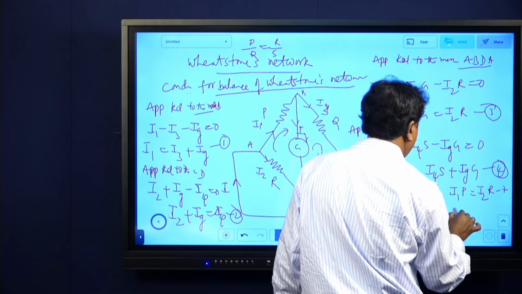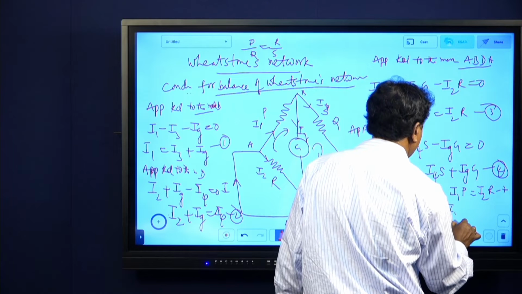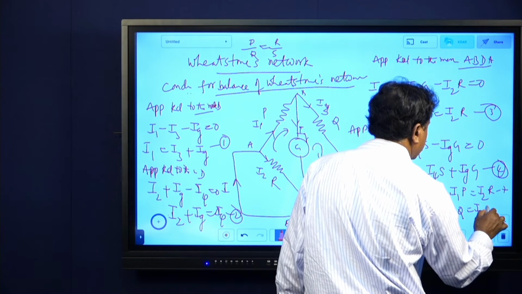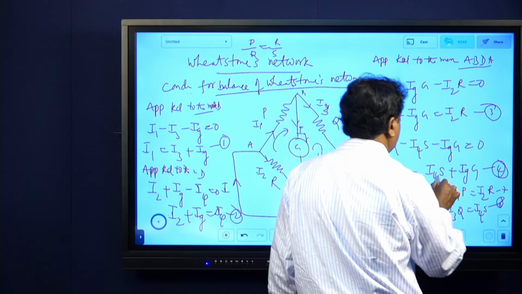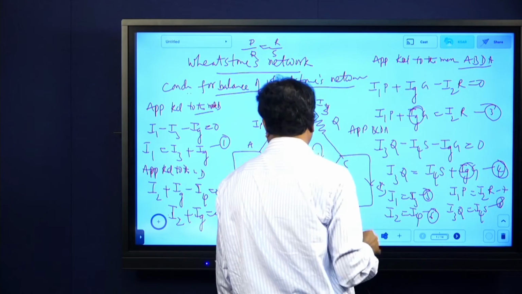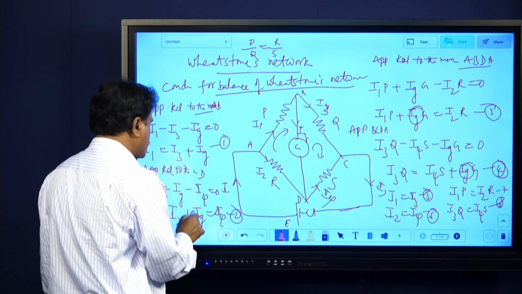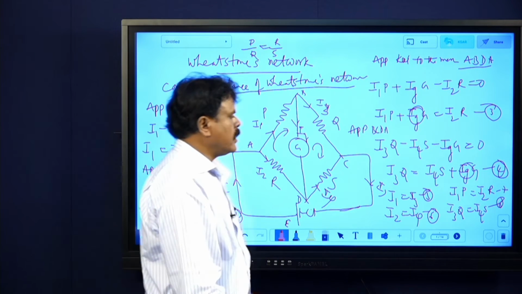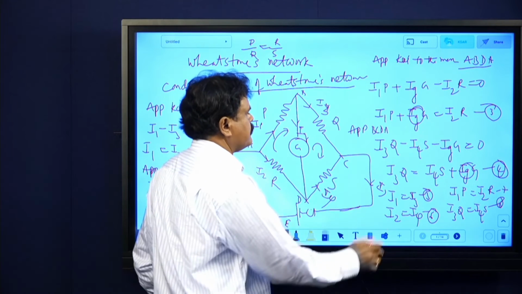Next, I3Q equals I4S. This term is 0, and here this term becomes 0. Now what to do? Dividing equation 7 by 8.